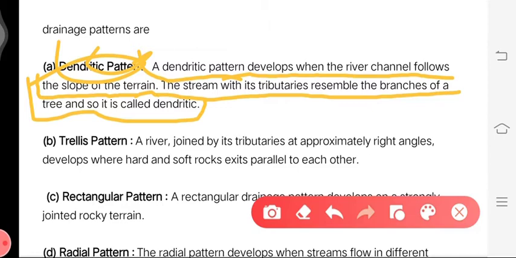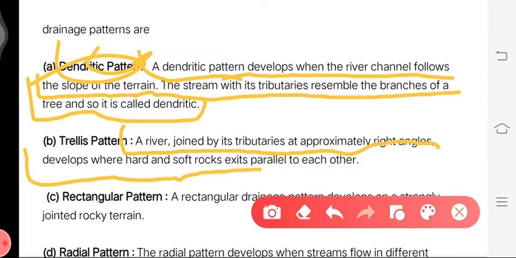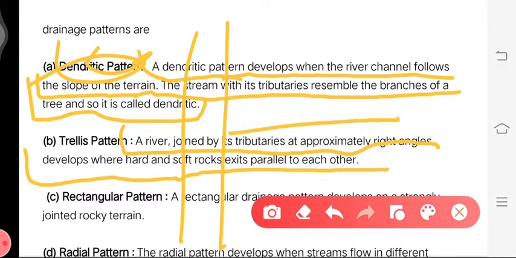The next pattern is the trellis pattern. A river is joined by its tributaries at approximately right angles, developed where hard and soft rock exist parallel to each other. It means that the tributaries join the mainstream at a right angle, that is a 90-degree angle.